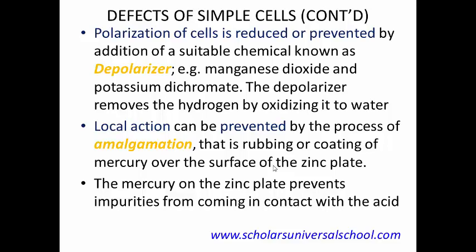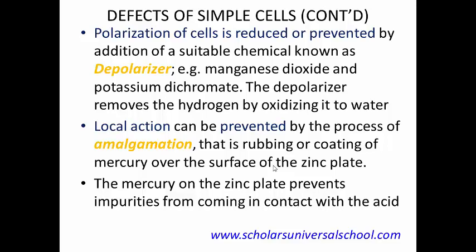Now, local action can be prevented by a process we call amalgamation. Amalgamation simply means that we coat the zinc plate with mercury, so that there would be no direct contact between the zinc plate and the electrolyte in the cell.